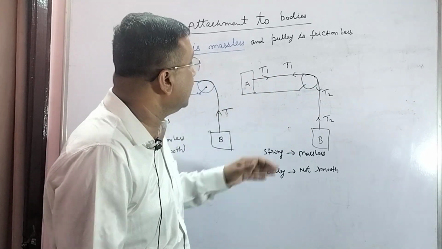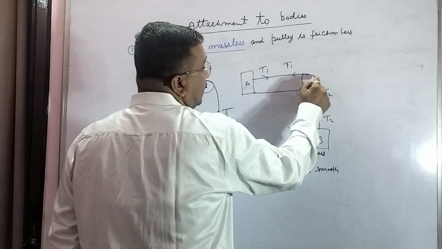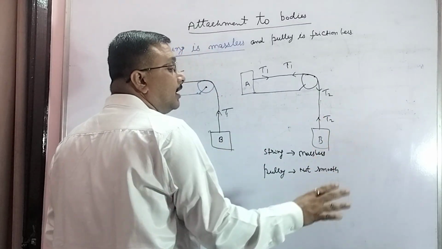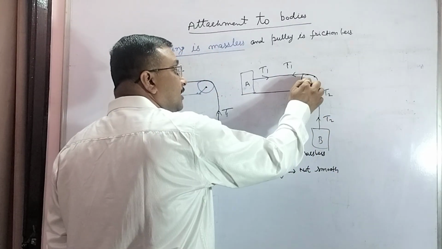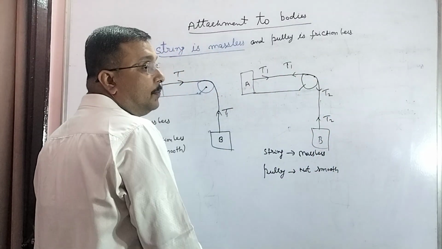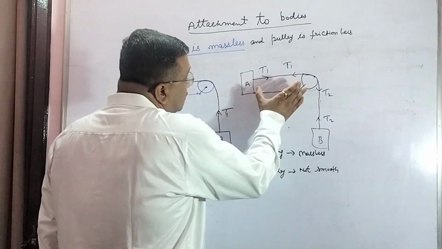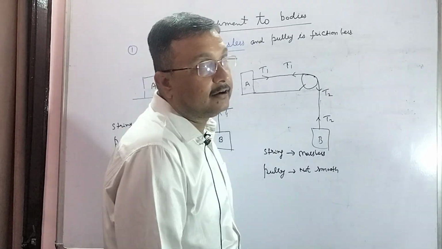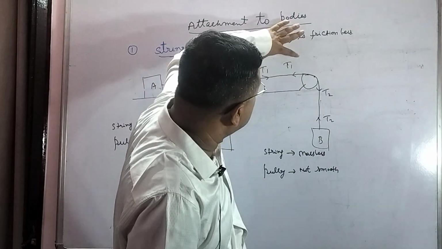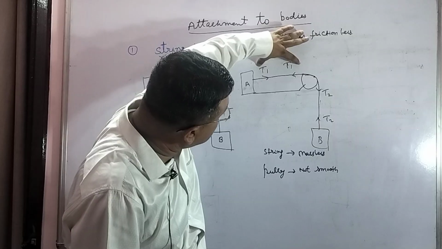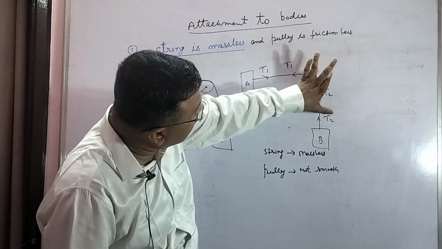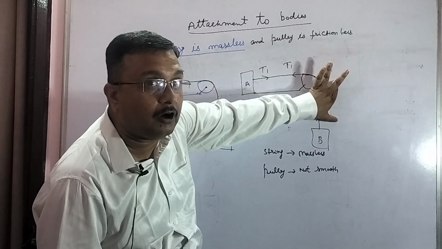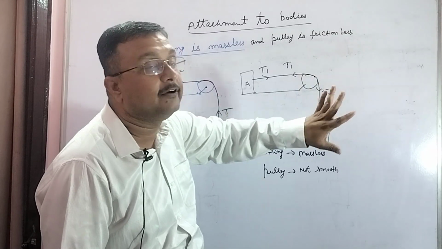This is the same string, starting from here to here, but as friction is available here due to the pulley, this length and this length will be treated as different. So the value of tension at each and every point on this side and the value of tension at each and every point on this side will be different to each other.